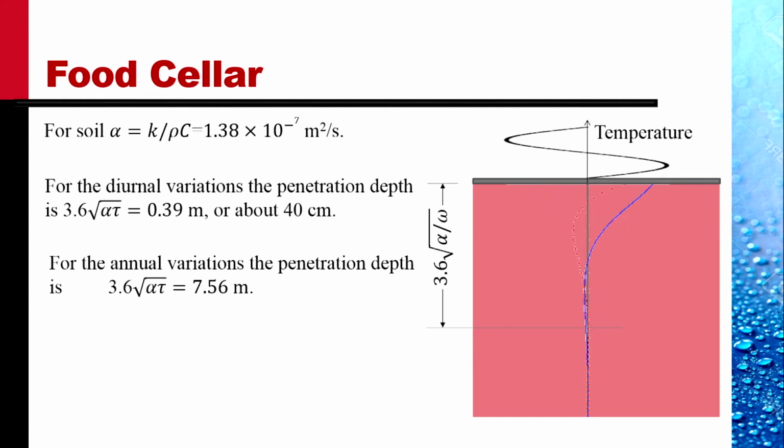So the temperature below 40 centimeters would not change within a day; on a daily basis, it would be constant. For the annual variation, the penetration depth is obtained as 7.56 meters, about 7.5 meters. So below 7.5 meters, there are no temperature variations throughout the year. The temperature remains constant.